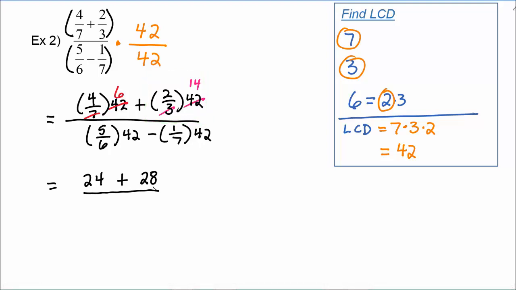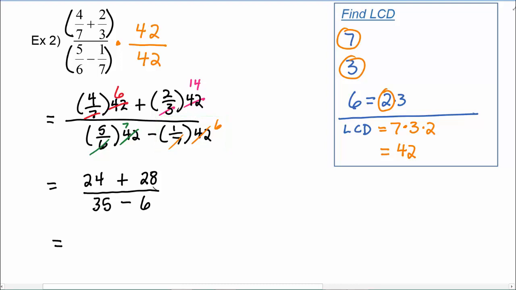In the denominator, we have 6 goes into 42 7 times. 5 times 7 is 35, minus 7 goes into 42 6 times, and 1 times 6 is 6.